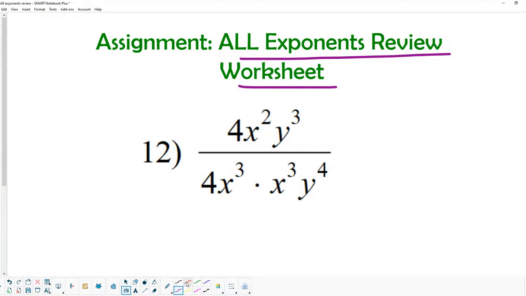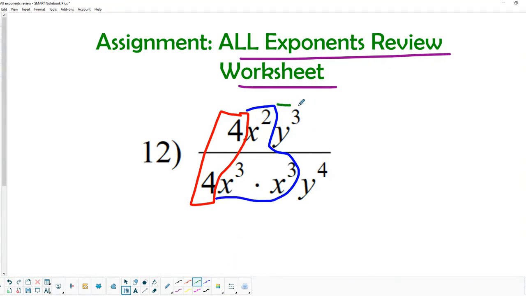What I like to do when I'm doing a problem that's got multiple parts is separate it out so that all the parts that are alike are together. So we got our constants, we got our x's, and we've got our y values. So let's simplify each part.